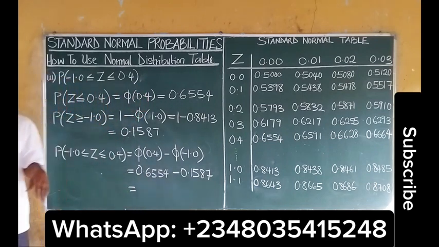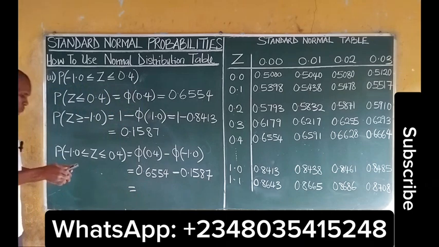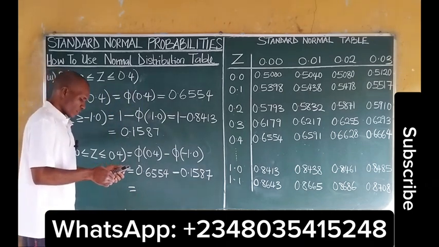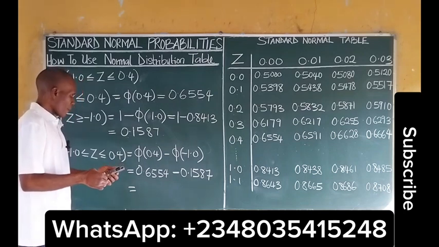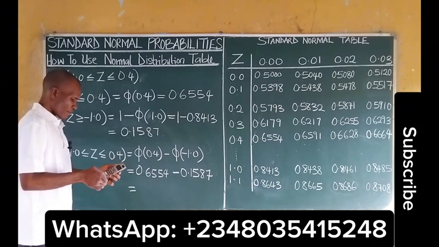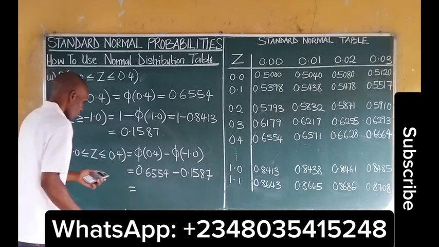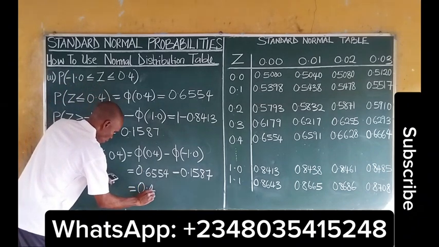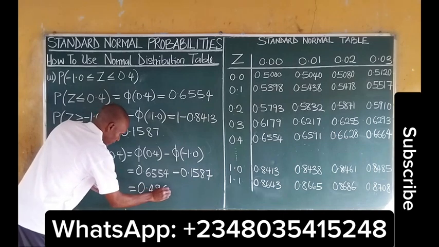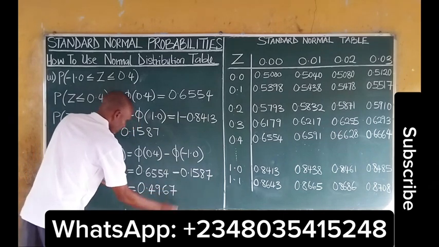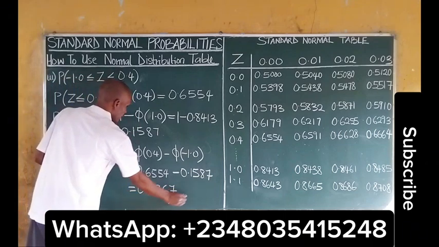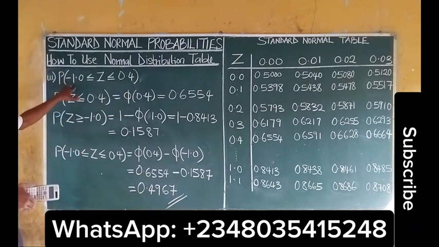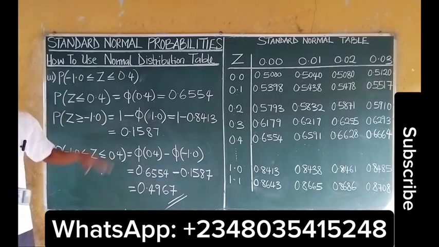So our final answer for the given question will be 0.6554 minus 0.1587. So we have 0.4967. So this becomes our answer for the given probability.